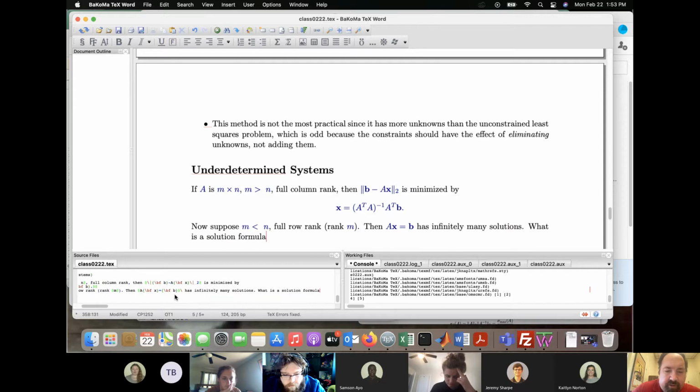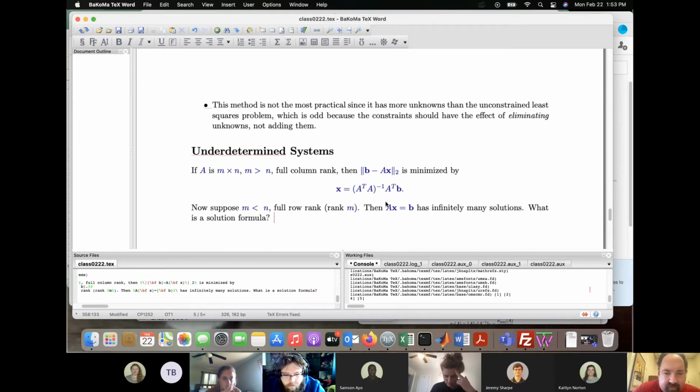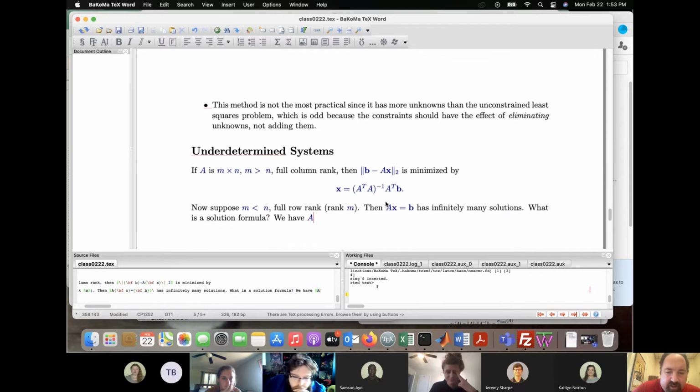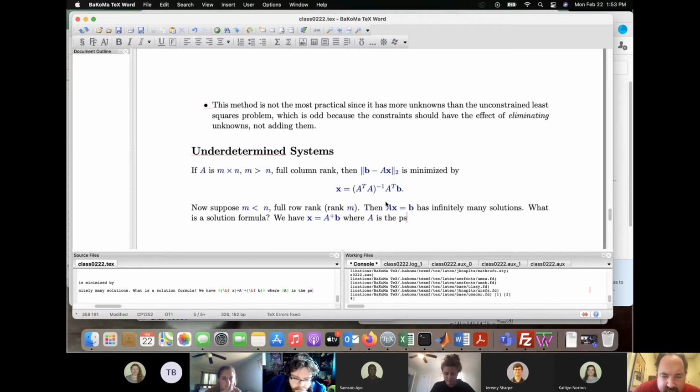Now, what solution formula do we have? Do we have a solution formula that's like this one? Now, we do have one that I covered last time, involving the pseudo-inverse. But that's very expensive to compute.